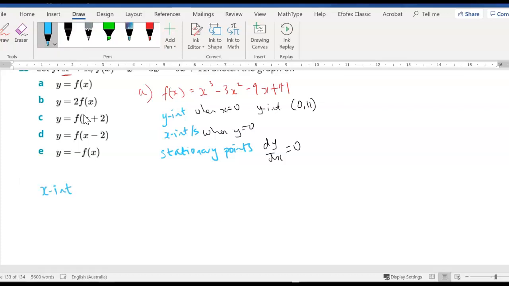So for x-intercepts, let y equal 0. So f(x) is equal to 0. So we've got x cubed minus 3x squared minus 9x plus 11 is equal to 0.